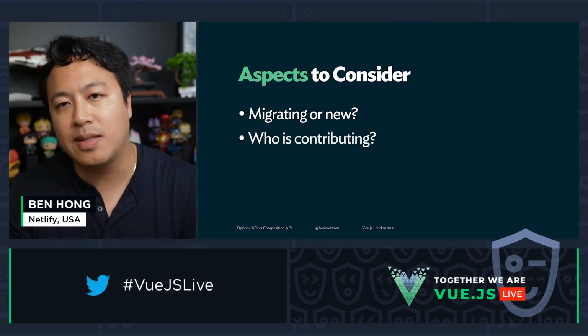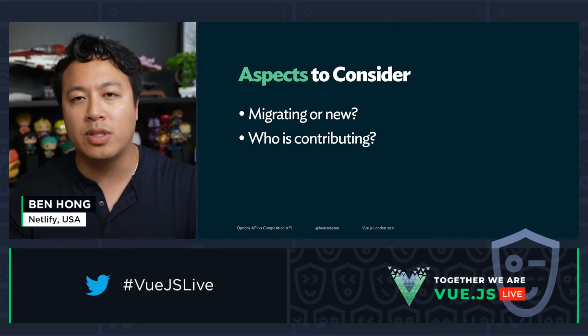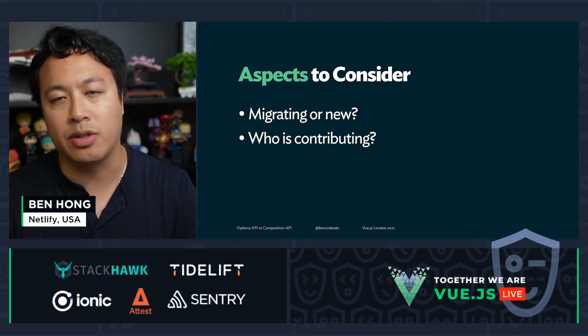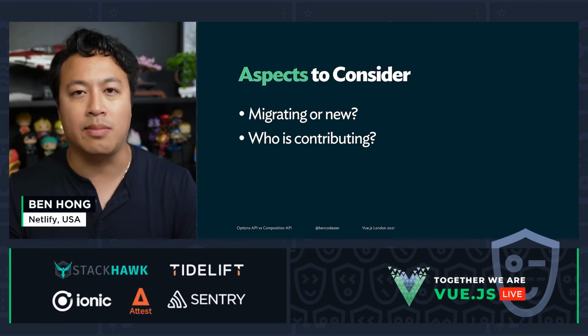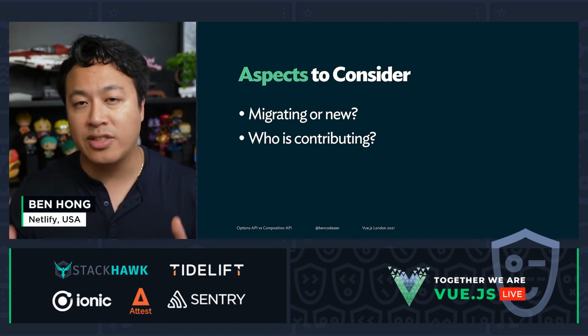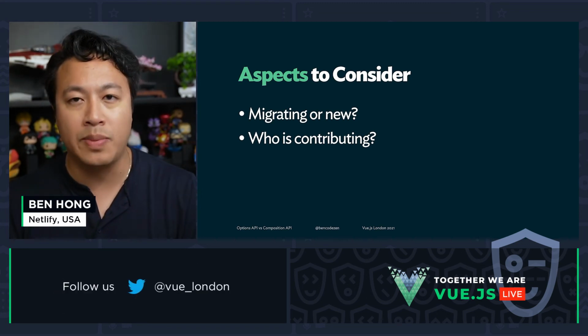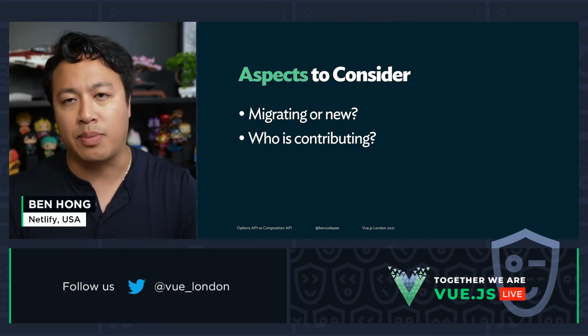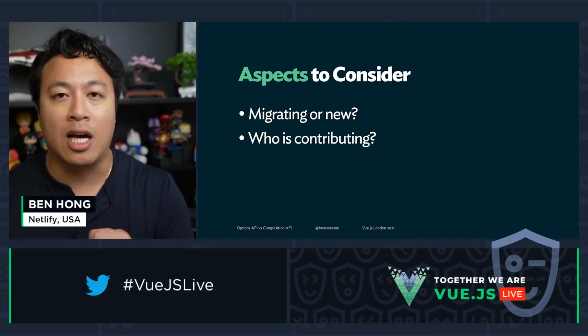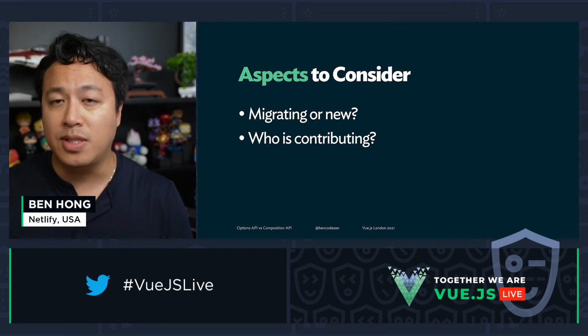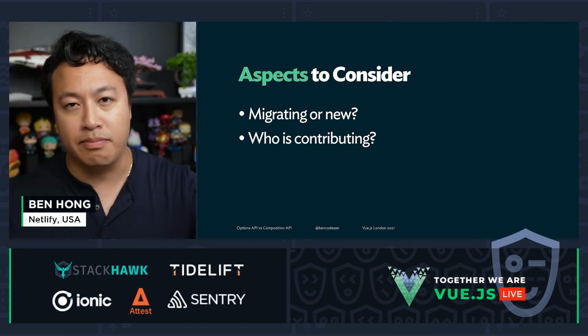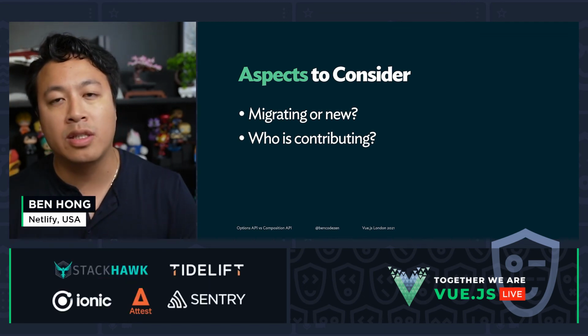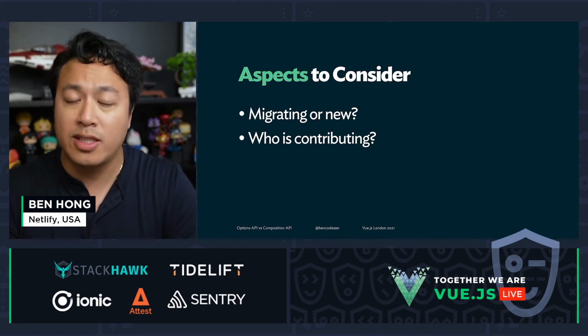I think this is something that is often overlooked, but really important to consider: who is really contributing to the code base? What is the makeup of the team? If you have a lot of people who aren't as familiar with JavaScript and you have maybe one or two people writing the code base primarily, with them coming in to help with little bits and pieces, Options API serving as the primary methodology might actually be a really good use case for a majority of components.